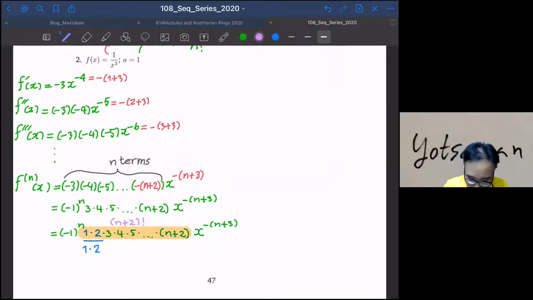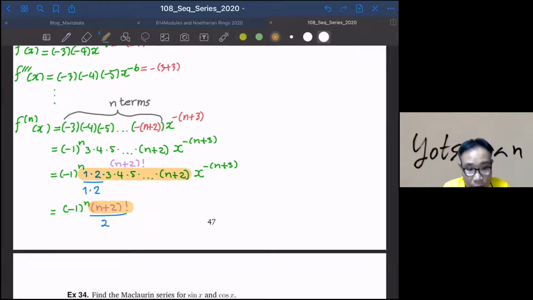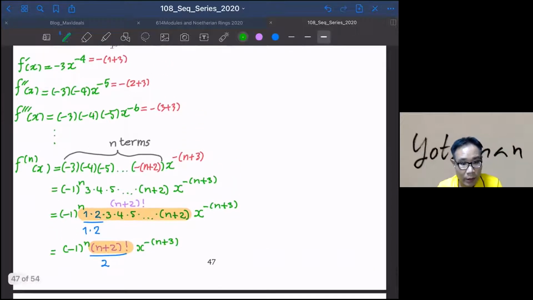And you have -1 to the n, you have n plus 2 factorial over 2. Okay, so this one is the orange guy, and you have x to the negative n plus 3, so that one will be f^(n)(x), and you're going to put x equal to 1 for all of this.